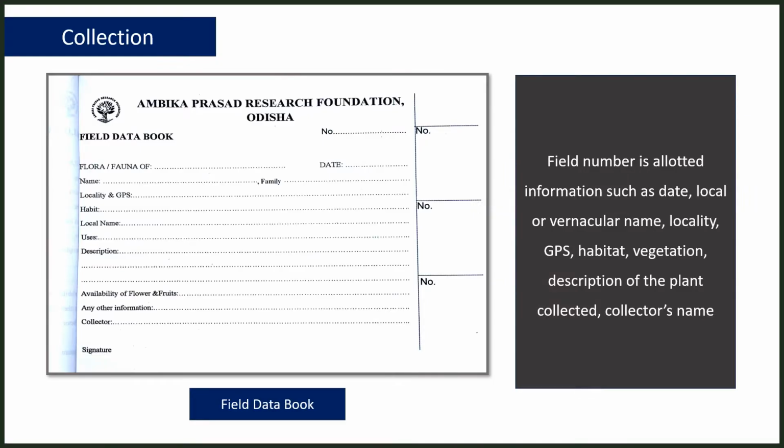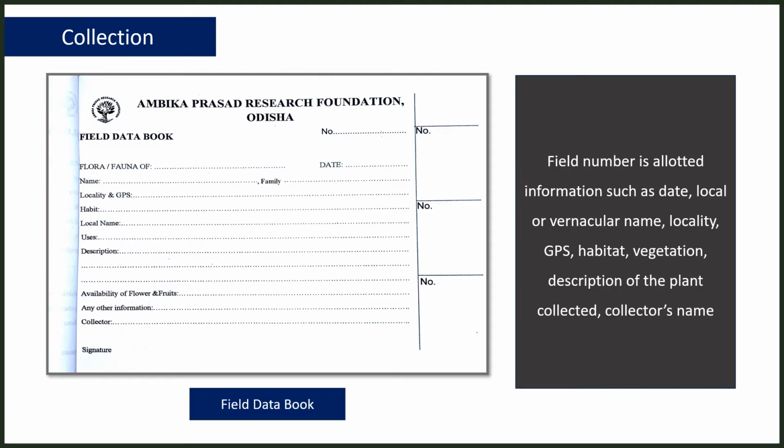Okay, so while collecting, it's not that we have to just collect the plant part. You have to carry a field data book. In the field data book, there should be different information, which includes the date, the location, and if there is any vernacular name, local name of that plant from the local people, if you can get it.